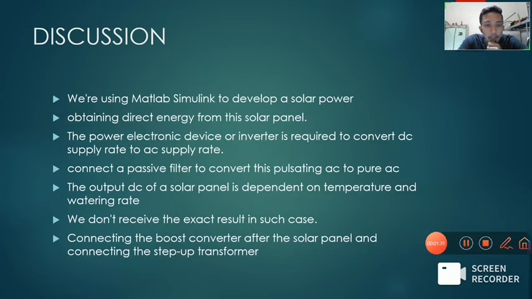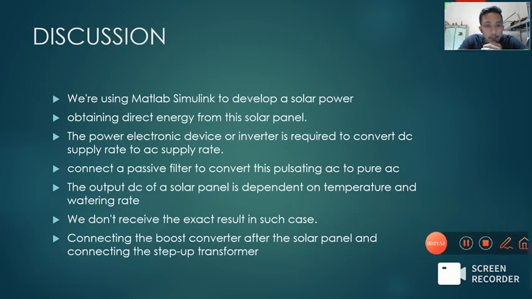Unfortunately, we are bringing solar energy to our home, but our home requires a 240 volt AC supply, while our solar panel is providing a DC supply in this scenario. A power electronic device, or inverter, is required to convert the DC supply to an AC supply.